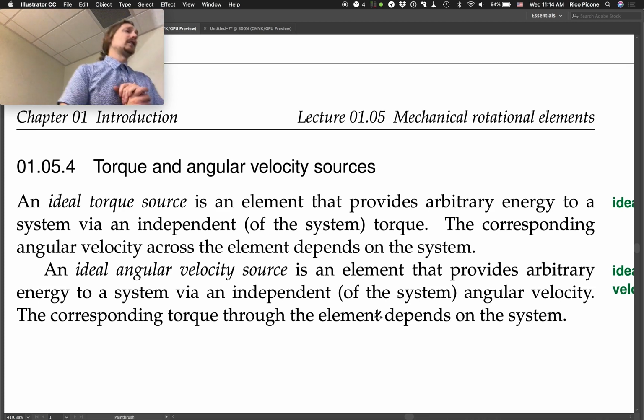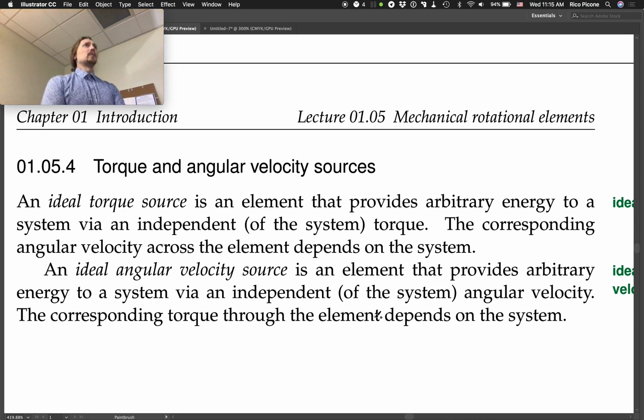You can try to decide a priori, based on geometry and material properties, what the moments of inertia, damping coefficients and spring constants are, and you can also do testing. Just like with translational mechanical systems, we can do testing, and we can also come up with a theoretical prediction for what these properties could be.